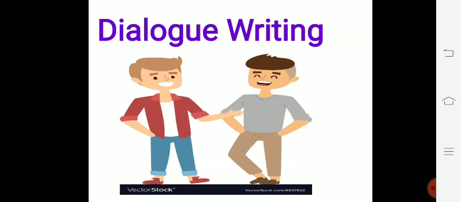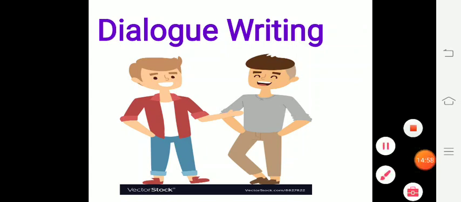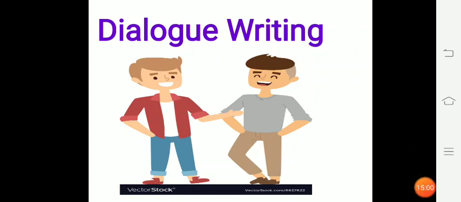We are not going to use the inner dialogue. Inner dialogue is when a character talks or thinks something to themselves, like an inner monologue. So inner dialogues we don't use in dialogue writing, we use only the outer dialogues.